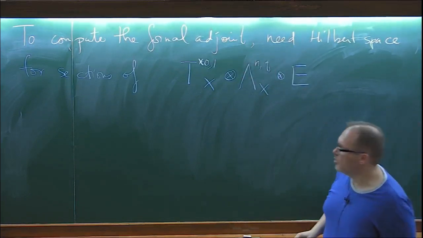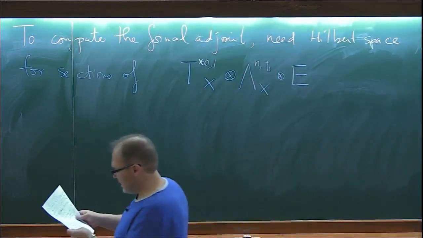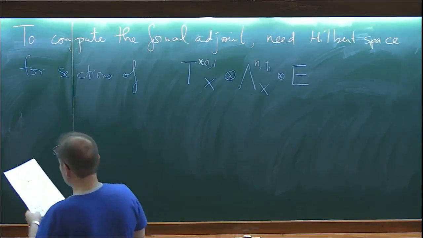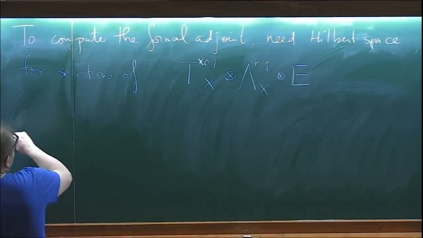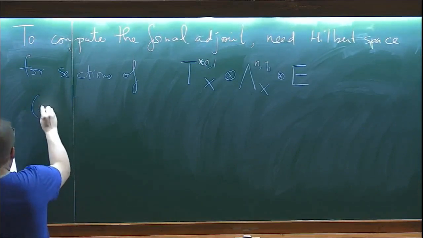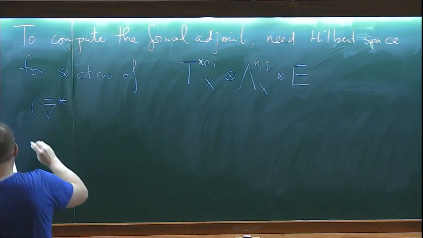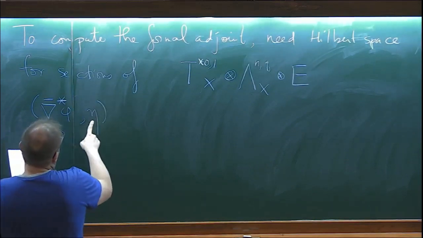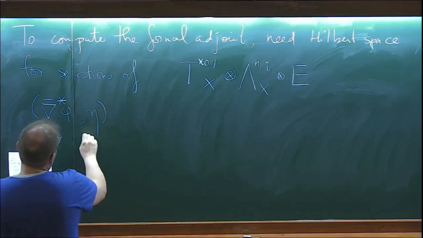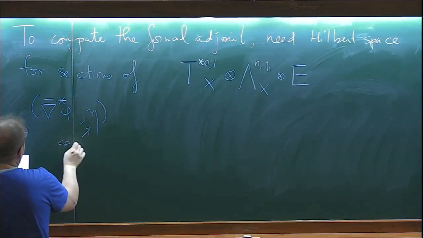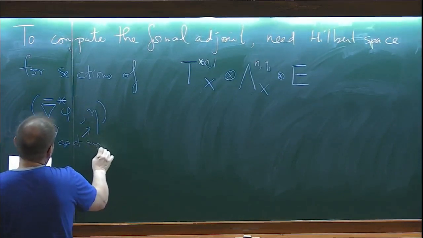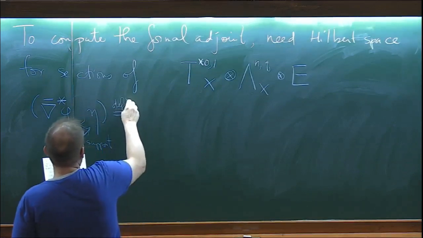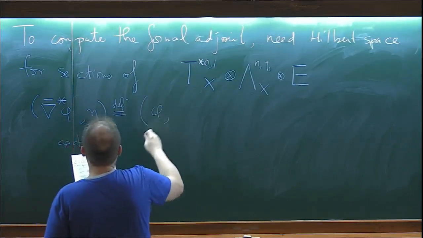I'm not going to go through writing it down. It's written in the notes if you want to do that. But there's some other inner product, and then you're going to define the formal adjoint, nabla bar star phi. So this eta will again have compact support, and this should be, by definition, equal to phi.